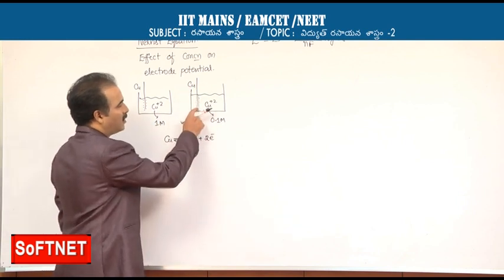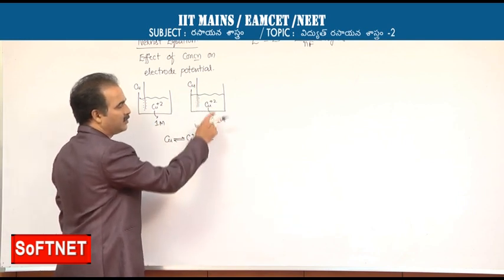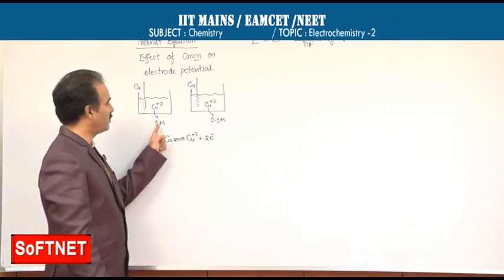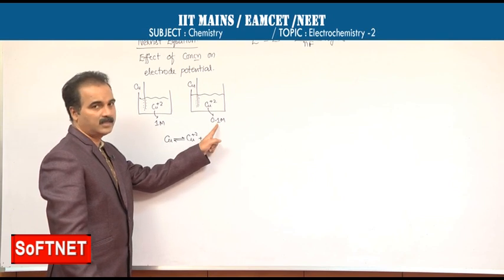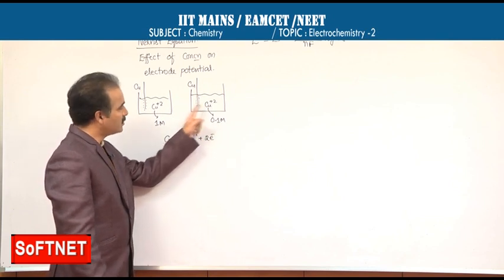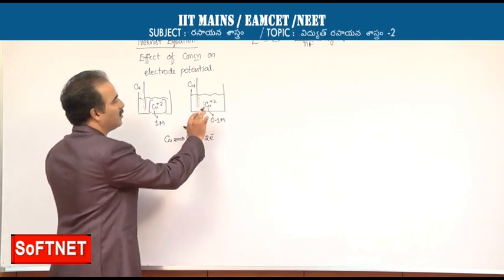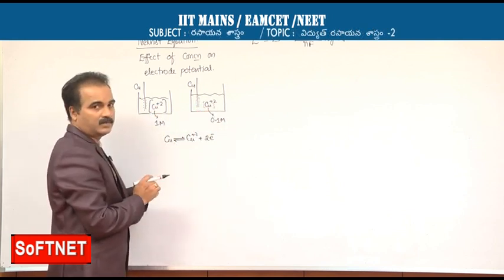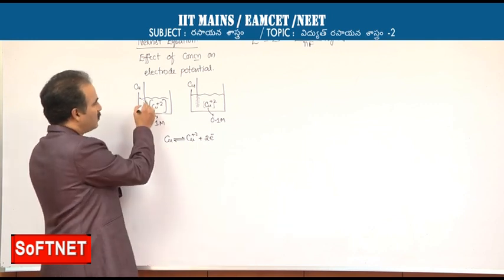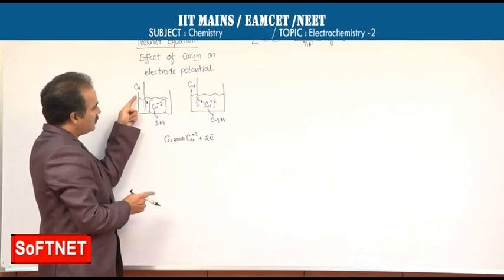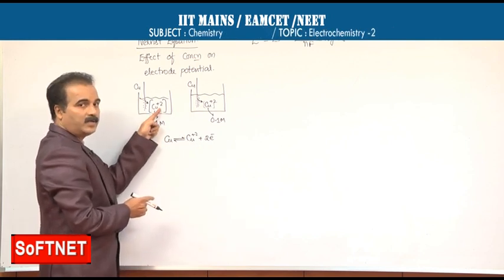Now the same copper rod I kept in copper plus 2 solution whose concentration is 0.1 molar. So from here the concentration has decreased. Here there are so many copper plus 2 and here are very less number of copper plus 2. So you can imagine what is the scope of the copper to go into solution. Is this copper easily going into solution?